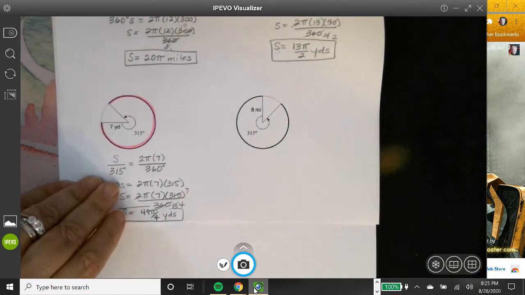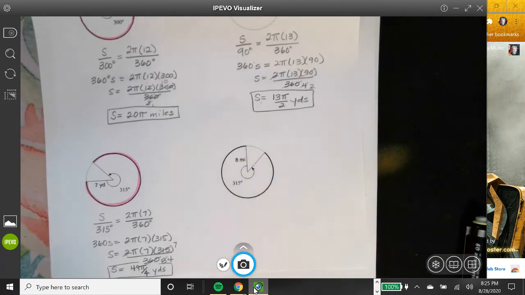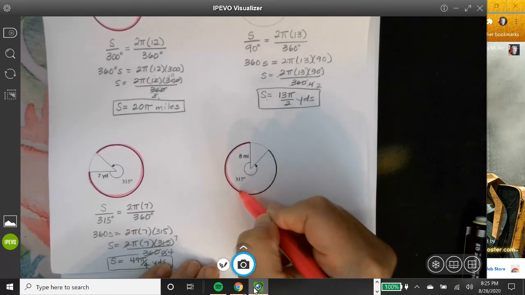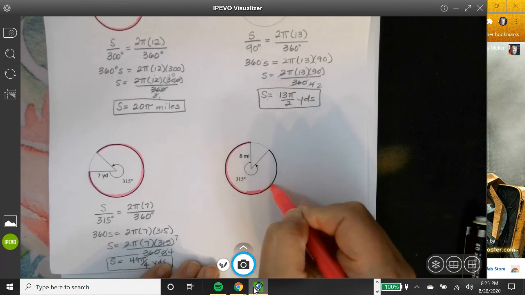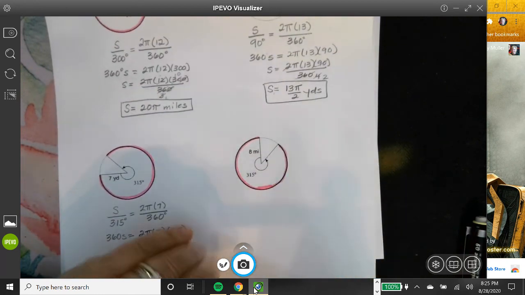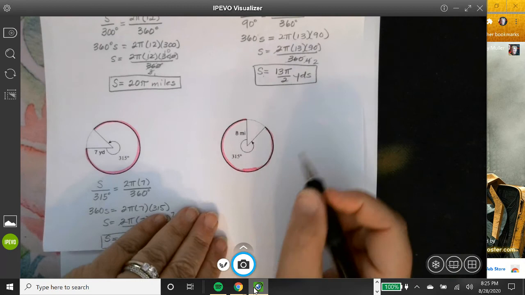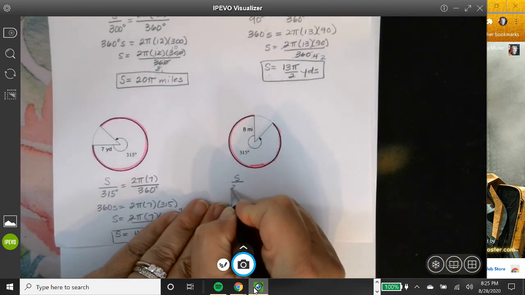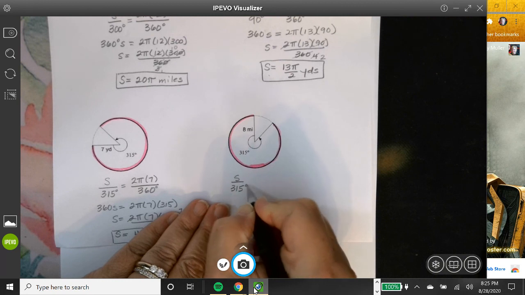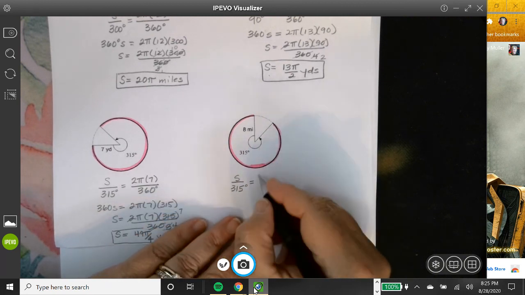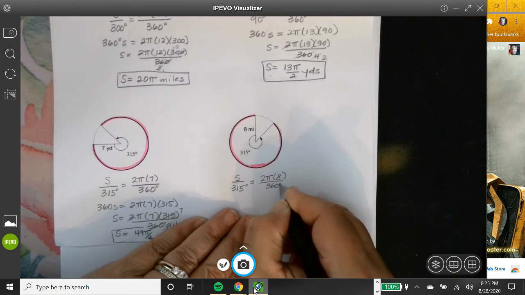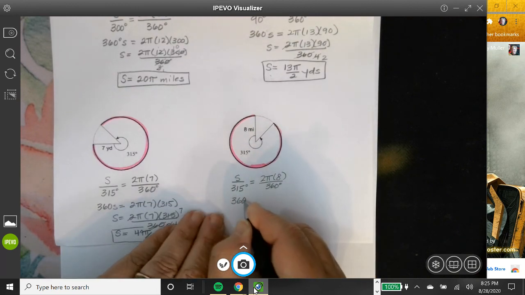Okay, let's do a couple more. Here's my arc length that I'm looking for. This is the S. So we're going to say S is to the angle 315 as 2 pi times 8 is to 360. So we multiply by 360.